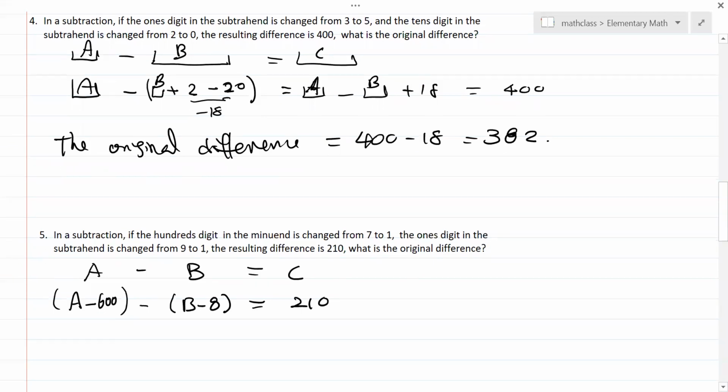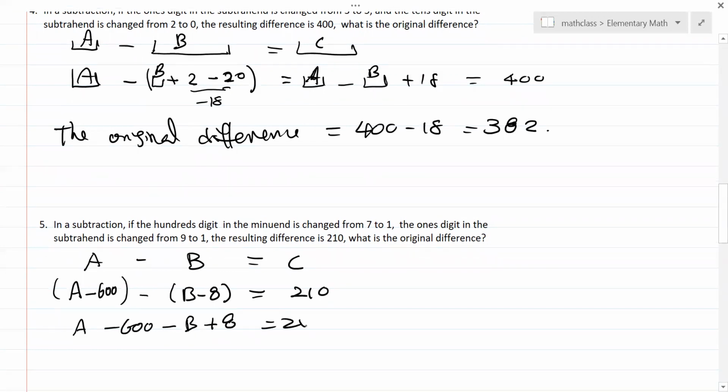Then you have to think about what is the combined result on the first side, right? So A minus 600, and this will be plus 8, because when you decrease the subtrahend, it actually increases the number in the difference. So you still get 210.